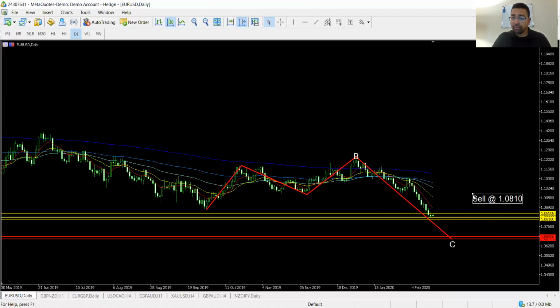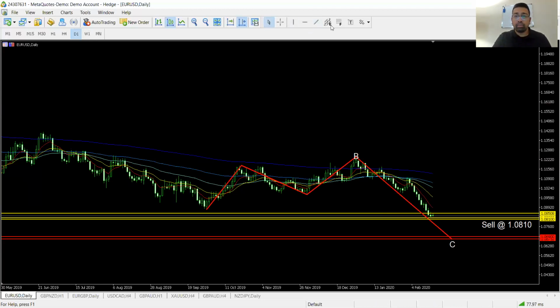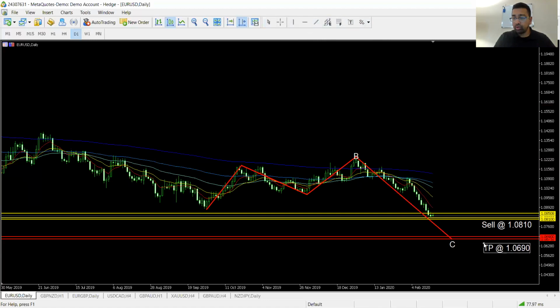Okay, click. And your exit price or take profit price at 1.0690. I'll just type the price as well. So your take profit, TP, yeah, at 1.0690. There you go. Okay, so that's clearly written.